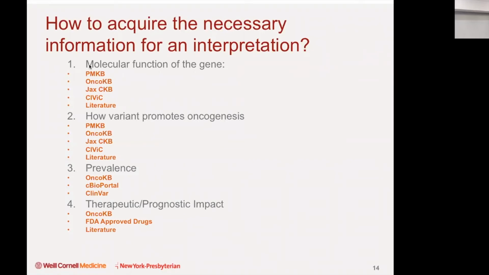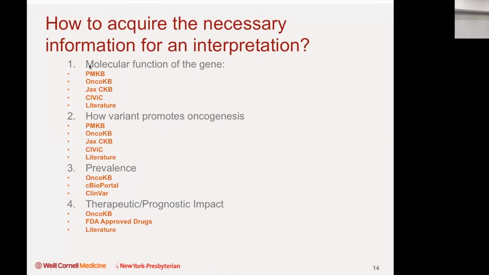But oftentimes they won't have information for that variant. In that case, you would have to go to the primary literature source, and that's in PubMed or Google, you know, pick up literature also.